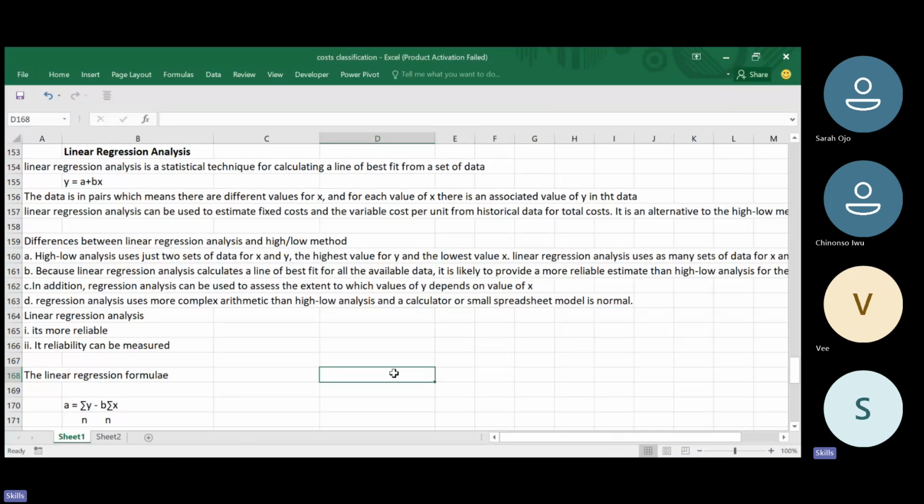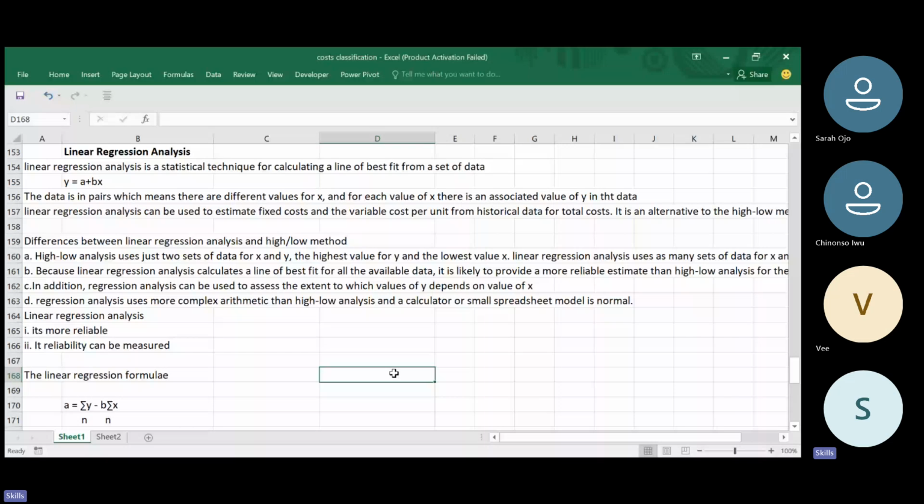The high and low is somehow straightforward and direct. So now linear regression analysis: one, it is reliable. Two, its reliability can be measured. It uses more data, so it is more reliable than the high and low method.